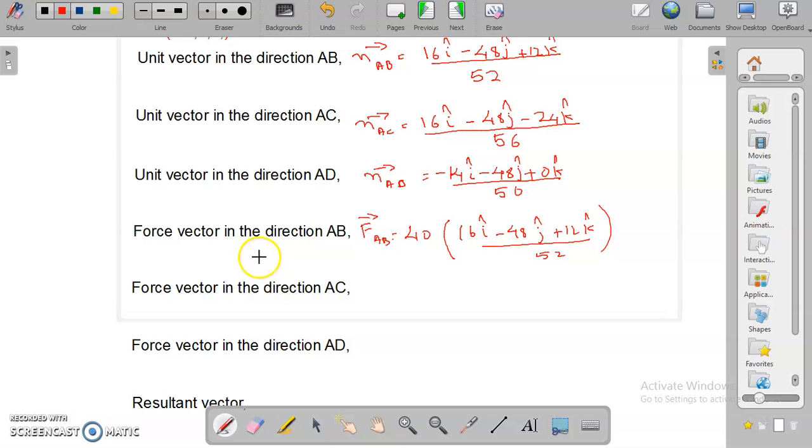and on solving you will get 12.31i minus 36.92j plus 9.23k.